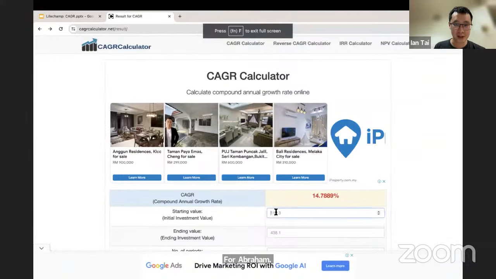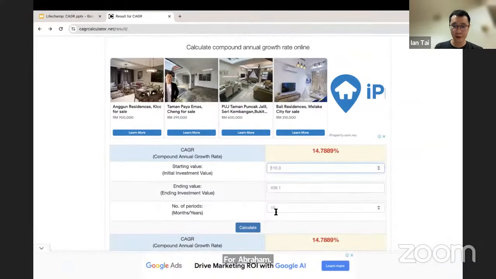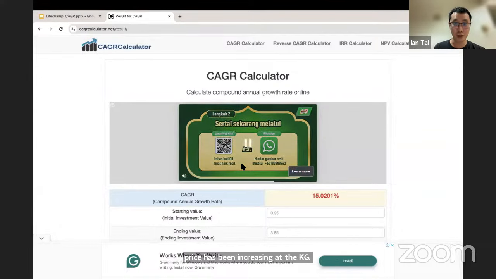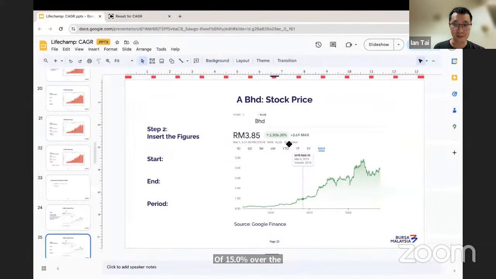So let's do this. Starting value is 0.95. Ending value is 3.85. Number of periods, 10 years. So the stock price has been increasing at a CAGR of 15.0% over the past 10 years.